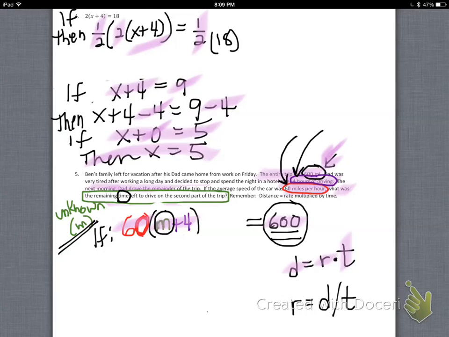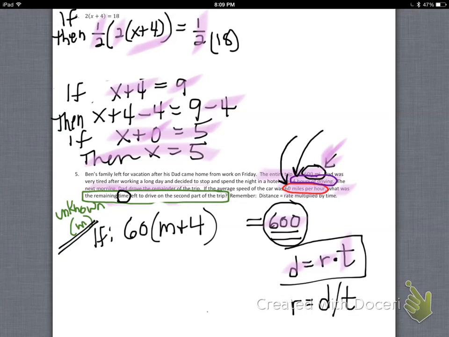I just want to clean this up because I've explained all that. You can go back and look at this again if you want. So 60 times (m plus 4) equals 600. I got that from this rate equation, a little backwards, the d happens to be on the right up here.